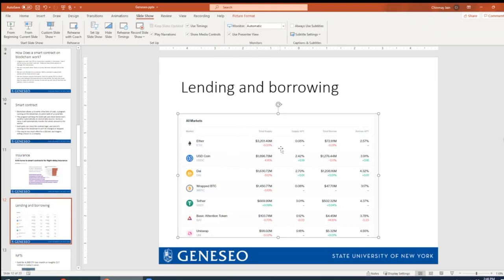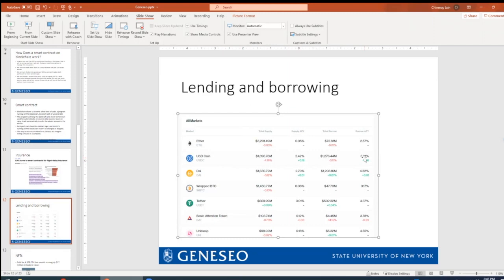So when I supply this money to borrowers, I get an interest of 2.42%, which is much more than the interest that the bank provides me. And people who are borrowing have to pay 3.91% interest. So again, here you can see that there's a smart contract. I don't have to worry that I will not get my money back.